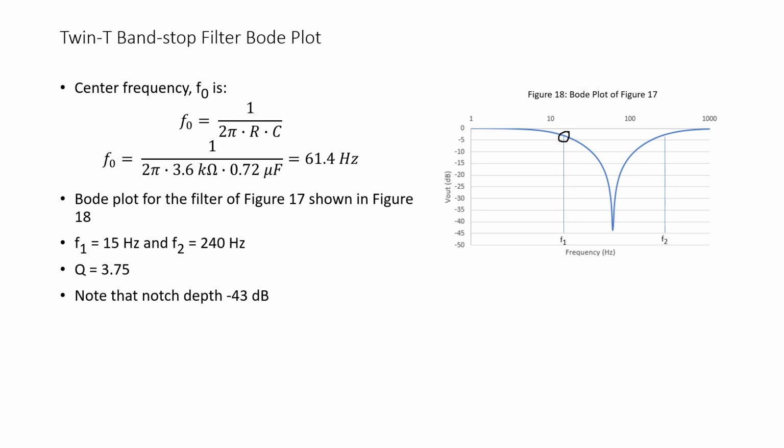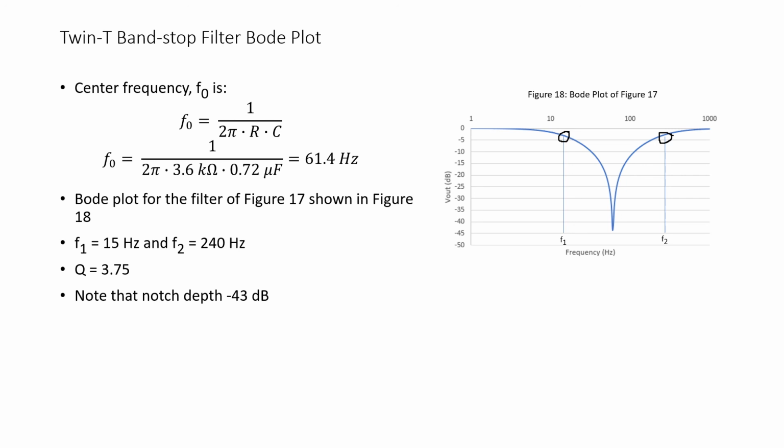Then we also look at the Bode plot to determine where the signal again passes the negative 3 dB point, and we find that point is graphically 240 hertz. This gives us a bandwidth of 225 hertz.